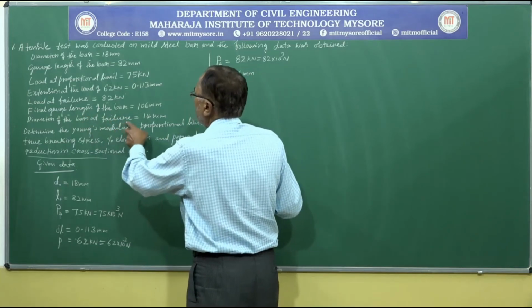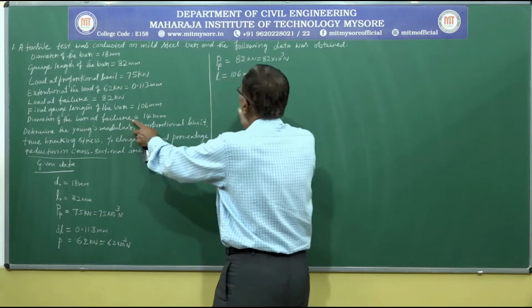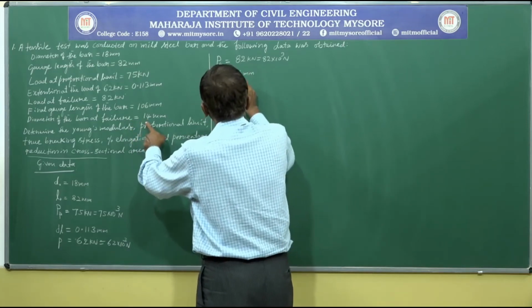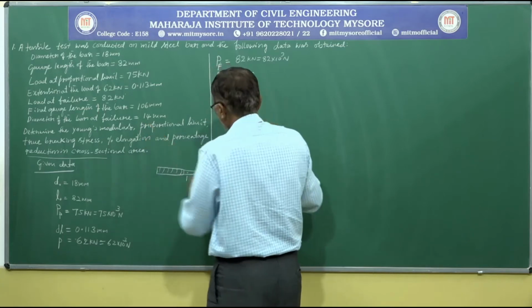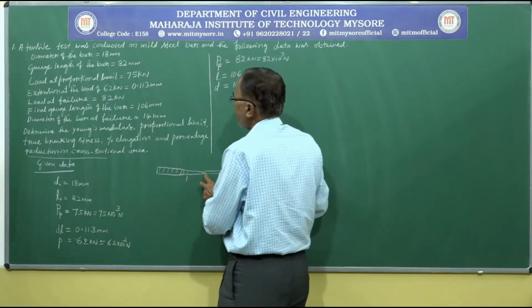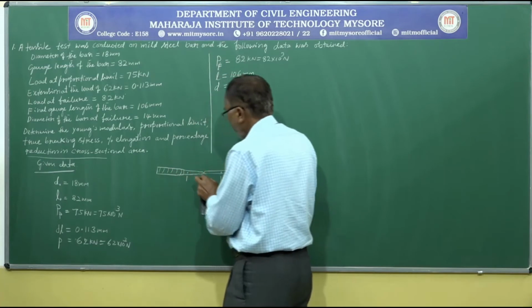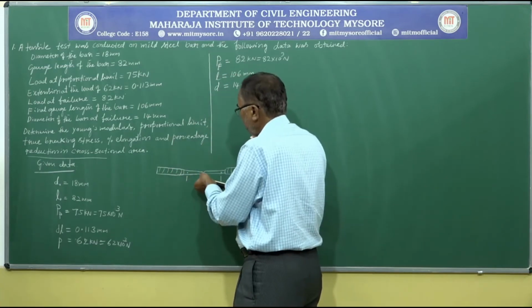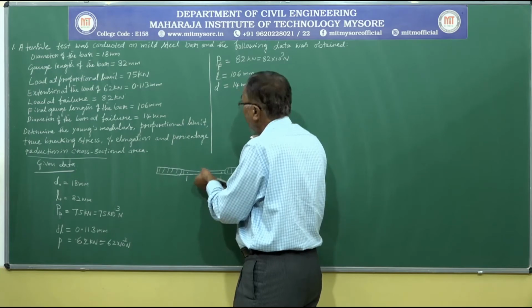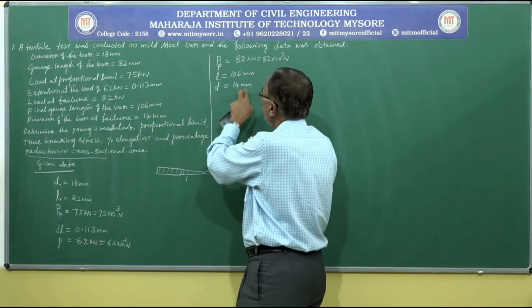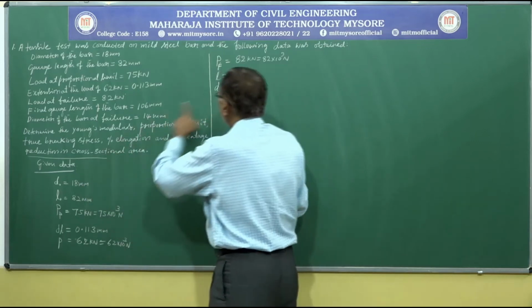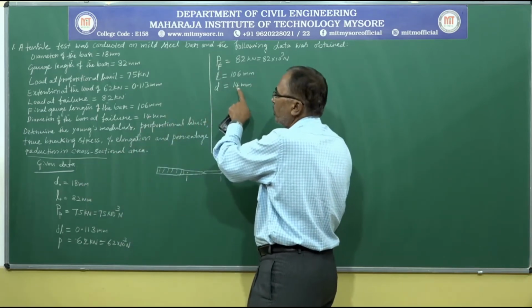Then the diameter of the bar at failure, let us call this D, is equal to 14 millimeter. Diameter at this neck portion. After formation of the neck only, the specimen will fail. After the specimen has failed, we can take the diameter here, and the diameter is equal to 14 mm. You can see a reduced diameter. Originally the diameter was 18 millimeter, then at the end of the test, it is 14 millimeter.